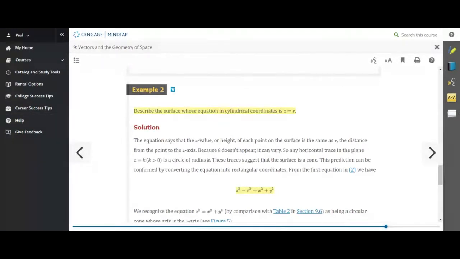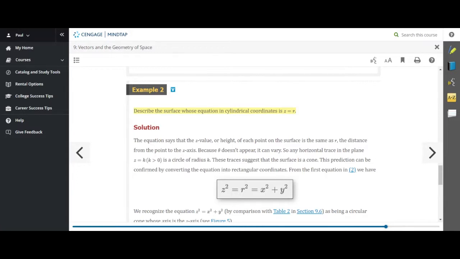Well, if z equals r, then z squared equals r squared.